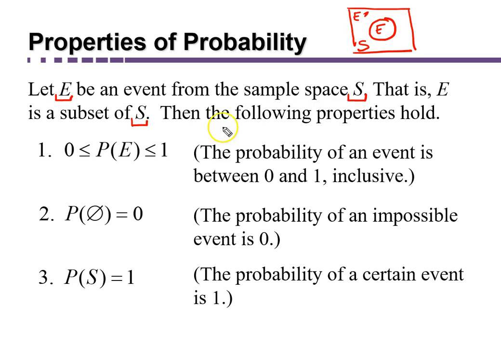So we said that the probability of something generally is going to be greater than or equal to 0, or less than or equal to 1. Now, what does this mean? Well, we see it in part 2 here, where we say, suppose there is no possibility of an event occurring, then the probability of that is the empty set, or 0.